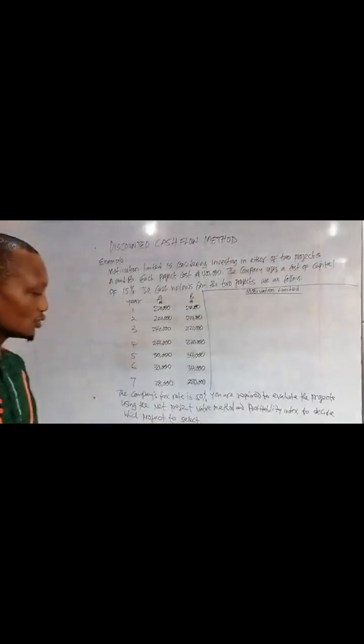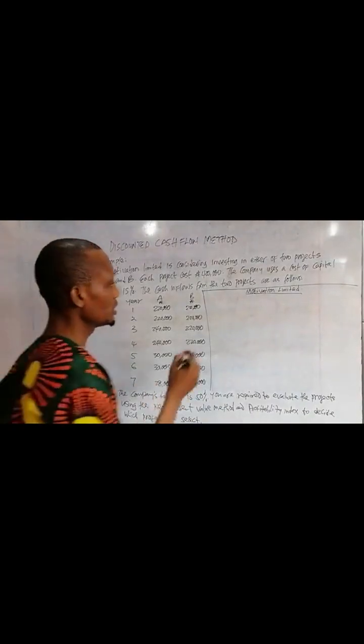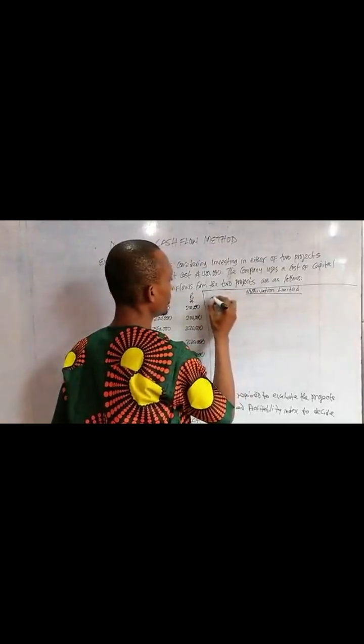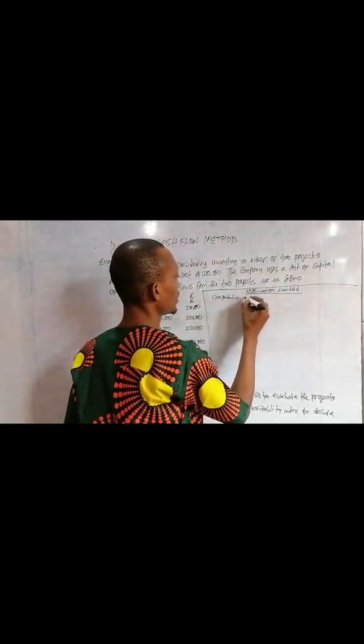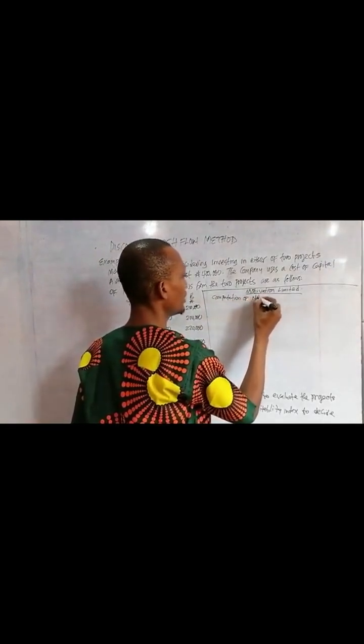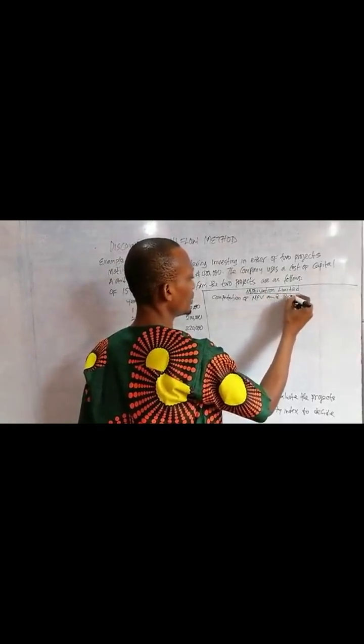The next thing to follow is the requirements. We have to compute net present value and profitability index. So the next thing is the computation of net present value and profitability index, PI.